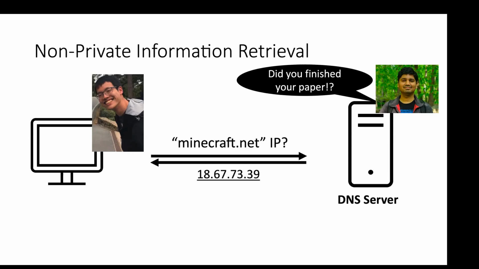So he queries what is the IP for Minecraft.net, and the DNS server returns it. However, the DNS server is compromised by his advisor Pravish, and now Pravish can see that Jeff is trying to access the IP of Minecraft.net. So basically, Pravish is not very happy. He said, "Okay, did you finish your paper?"